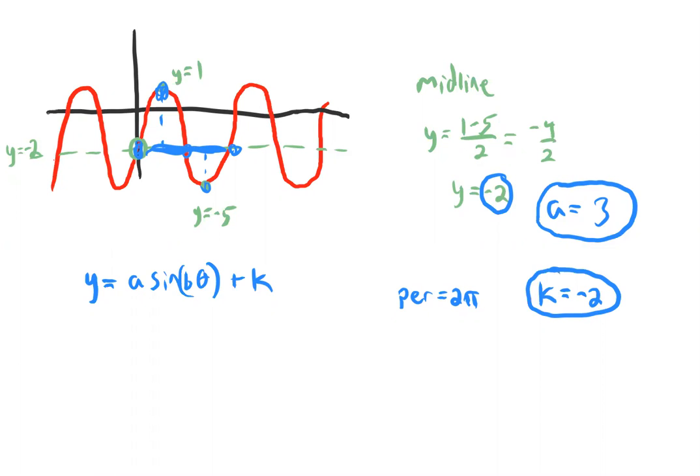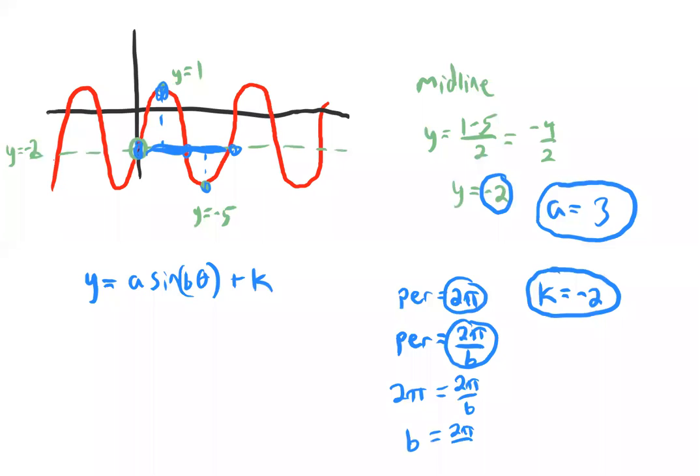So the period is 2 pi, but the period is also going to be 2 pi over b, because it's labeled in radians. You don't see any degree signs on the horizontal axis. So to find b, I'm going to set these two things equal to each other. So 2 pi equals 2 pi over b. You can switch the b and the 2 pi on the left.